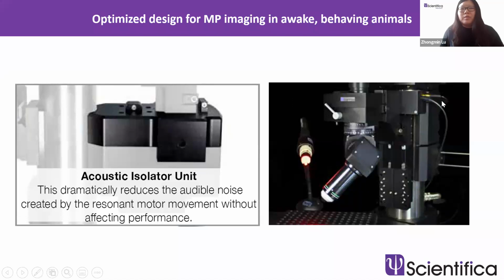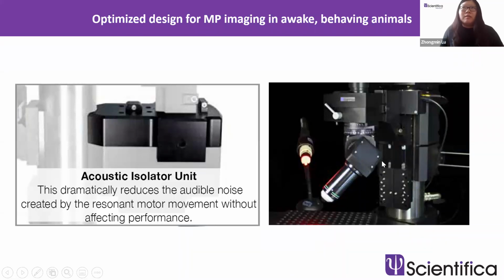Another optimized design is this tunable nose piece. We can change the angle of the objective, which can be very useful in several scenarios. For example, if you have animals on a very specific behavior rig and you're reluctant to tilt the animals, which is usually very disturbing, in our system you can choose to tilt the objective instead.